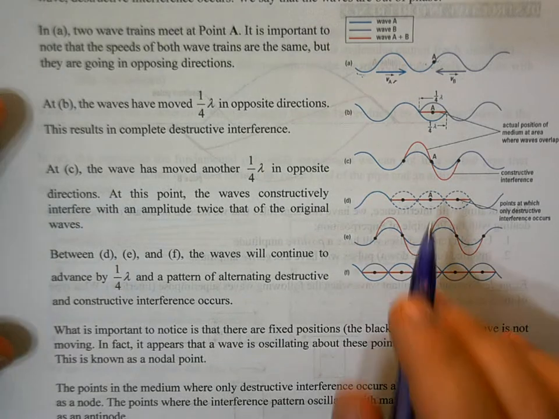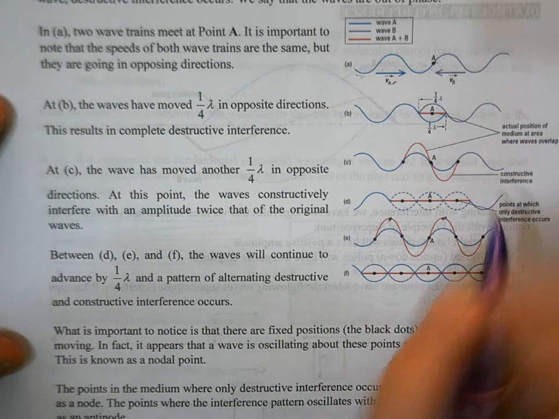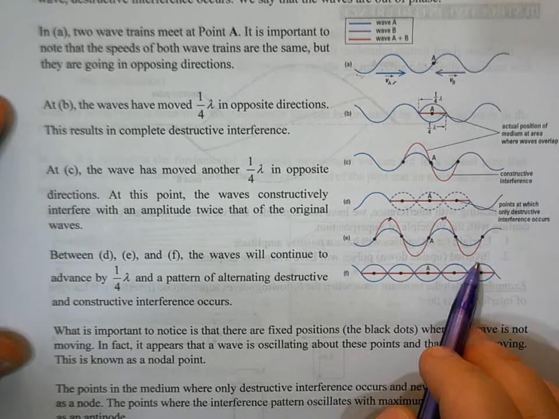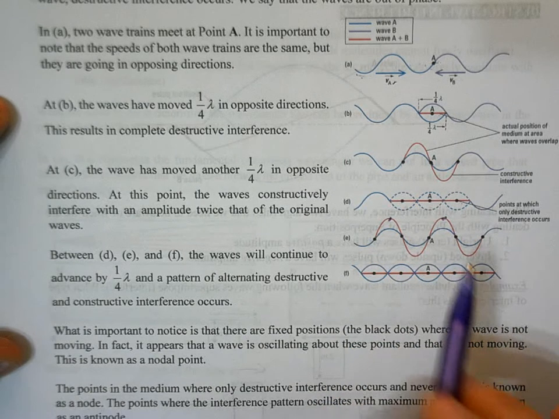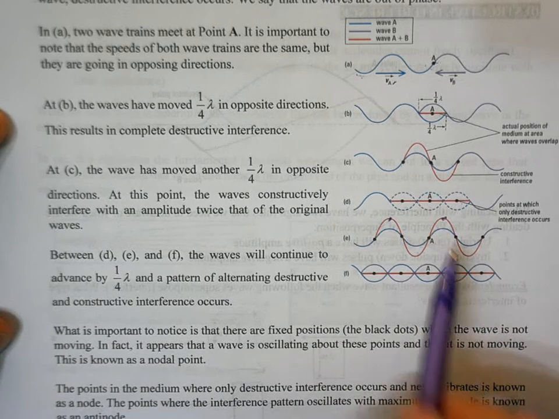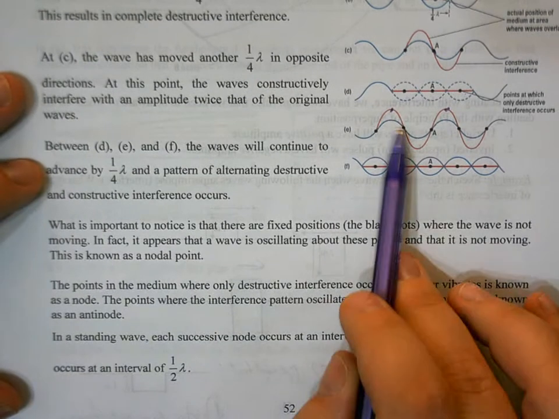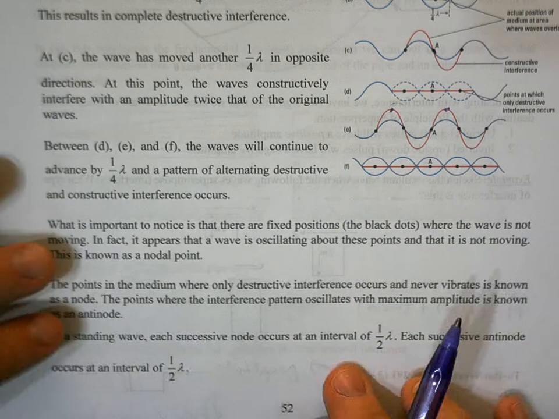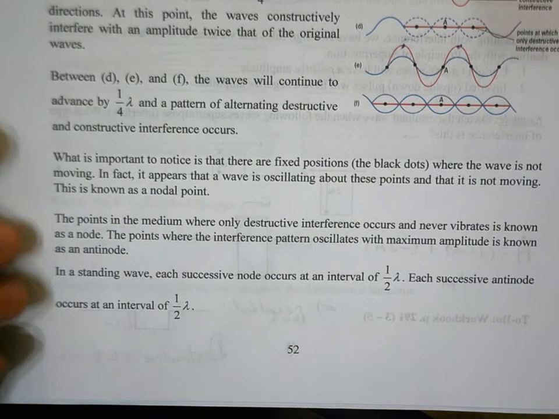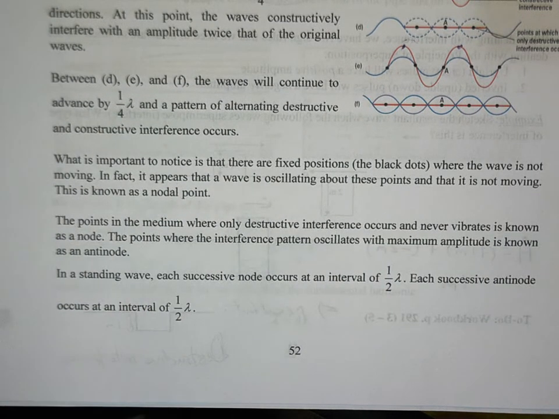These points where we have maximum amplitude are referred to as antinodes. These black dots here, where the wave is always experiencing destructive interference, are what we refer to as nodes. So these are our nodal points, and these are our antinodal points at maximum displacement from the equilibrium. Whenever we have a standing wave, each successive node is going to happen every 1/2 of a wavelength.